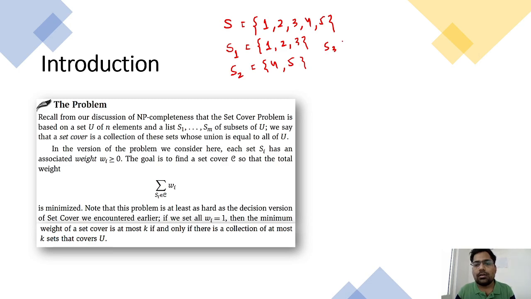S3 I am also keeping, which has 1 2 4. S5 I am keeping, which is 3 4 and 5. These are certain subsets we have.